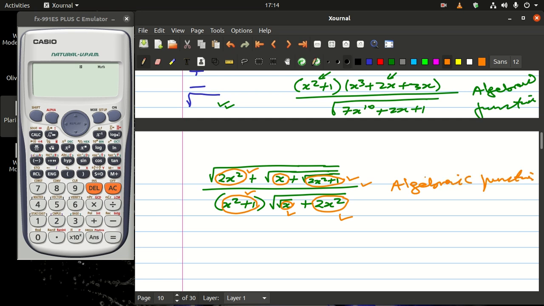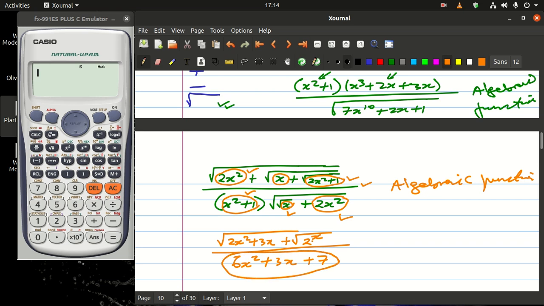Now that we have talked about this, what about this? Suppose now I have the square root of 2x squared plus 3x plus the square root of 2 to the power x, divided by 6x squared plus 3x plus 7. Now, this one is a polynomial. Fine.